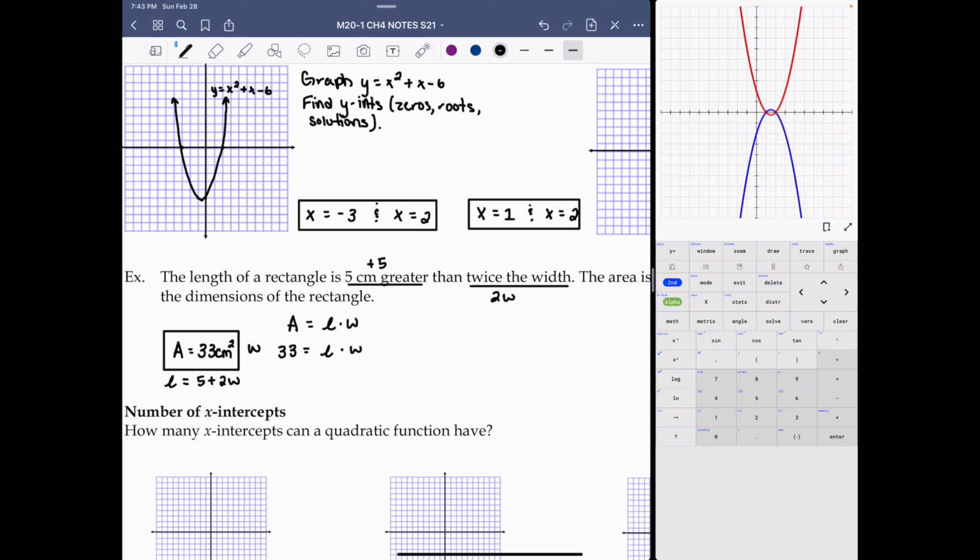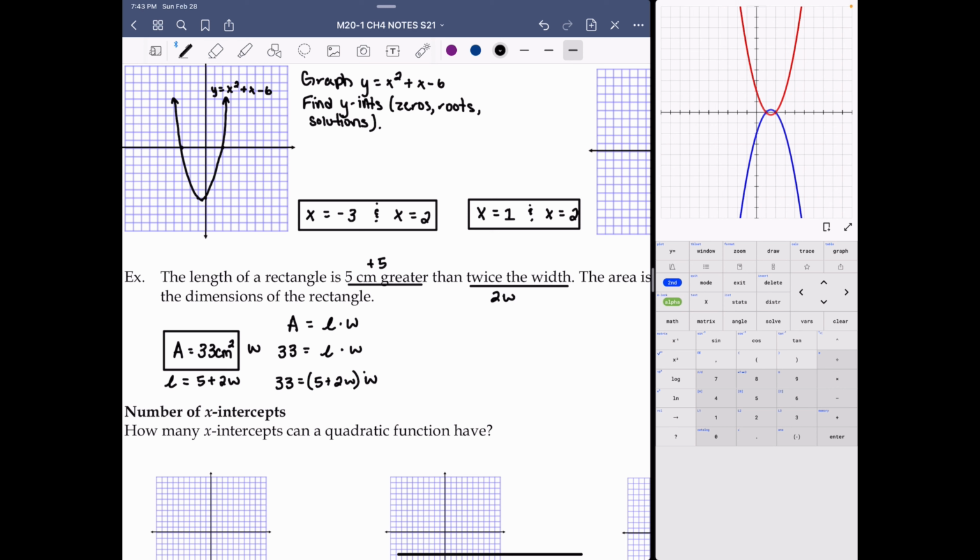I need to have one variable to solve. But I can rewrite length in terms of w because it equals 5 plus 2w. Then I can write 33 equals (5 plus 2w) times w. And then I can solve.